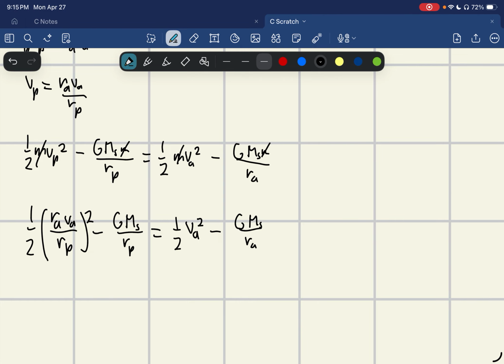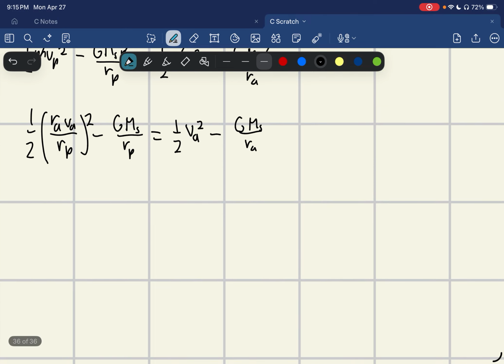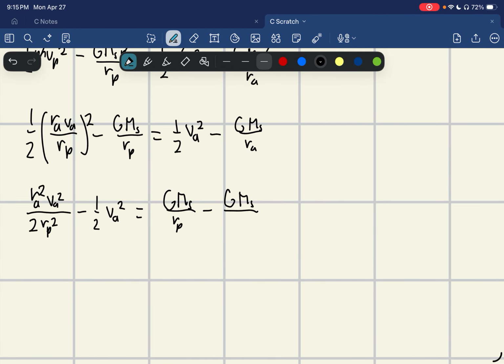So here I would distribute the squared into the parentheses, and I'll move everything with VA to one side and everything without it to the other. So it'd be RA squared VA squared all over 2 RP squared minus 1/2 VA squared is equal to GMS over RP minus GMS all over RA.